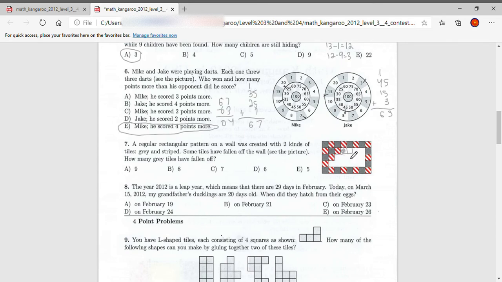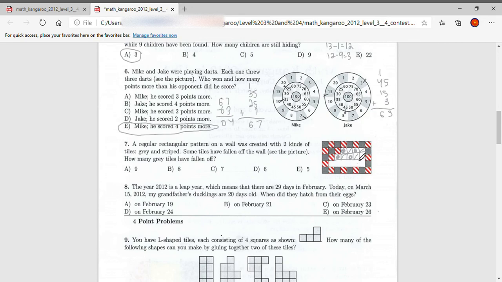So for the stripe ones, I'm just going to do that. Now after stripe comes gray. And after gray comes stripe. Now, after stripe comes gray. After gray comes stripe. After stripe comes gray.